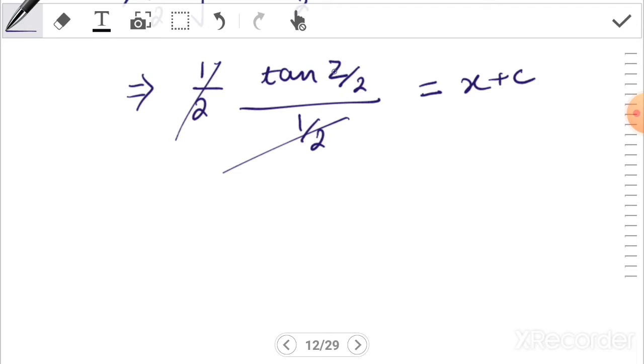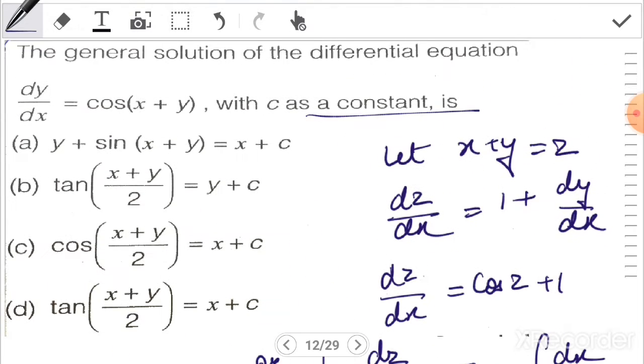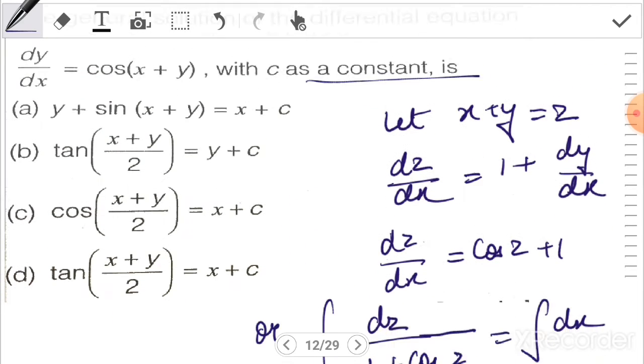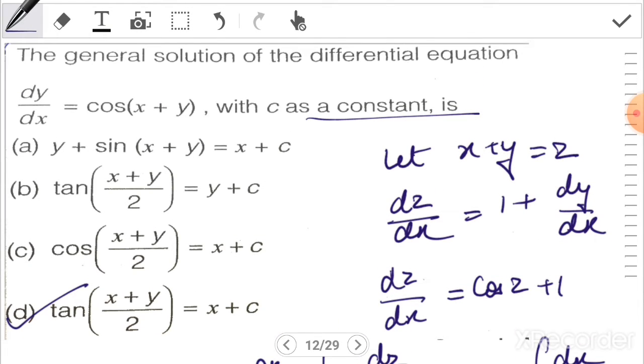Now putting back the value of z, we have tan of z by 2, that is tan of (x plus y) by 2, is equal to x plus c. So this is the required solution. So D is the right answer. Let us go to the next problem.